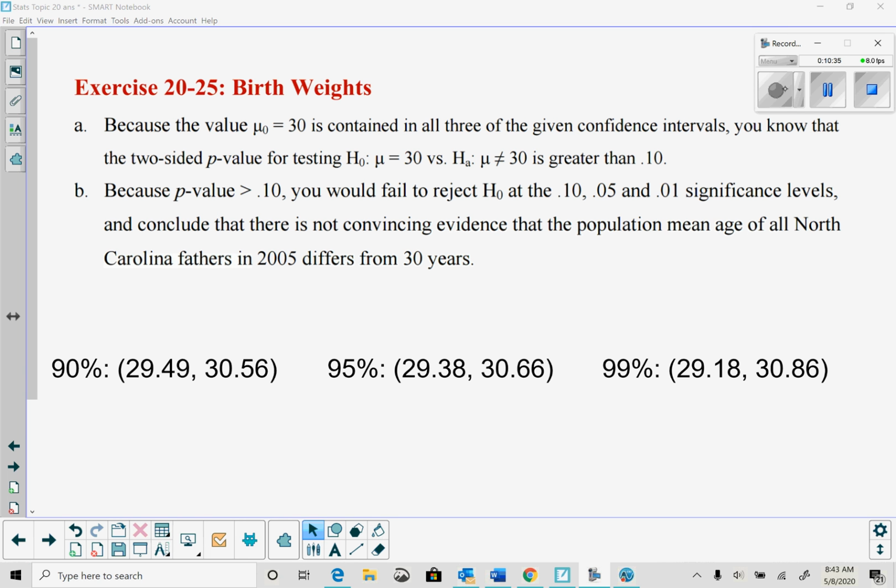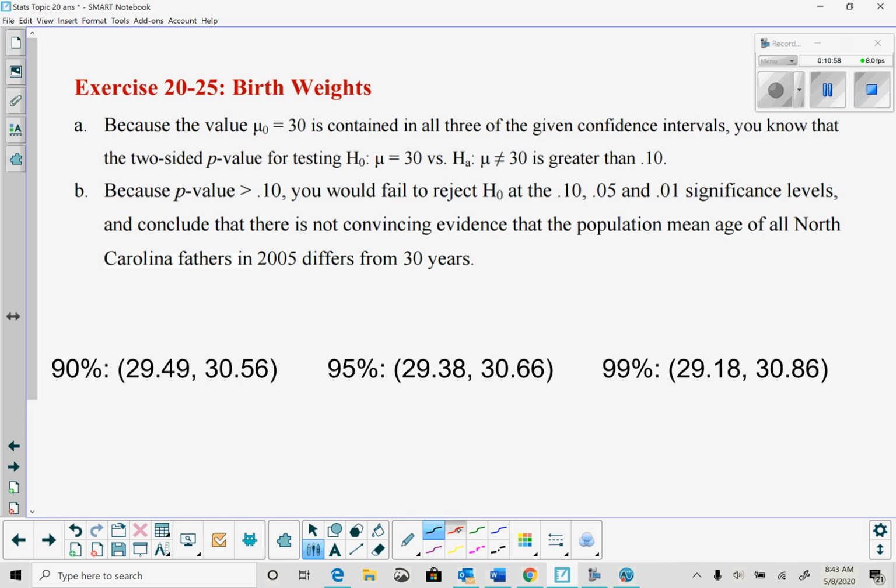So for part A, based on these confidence intervals, what can you say about the p-value for a significance test of whether the population mean age among these fathers differs from 30? Again, they use that term differ. It's not greater than, it's not less than, it's just something other than.